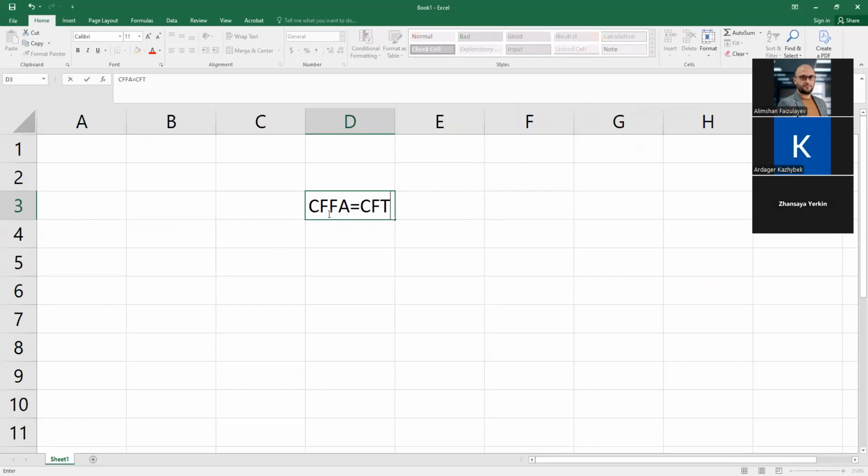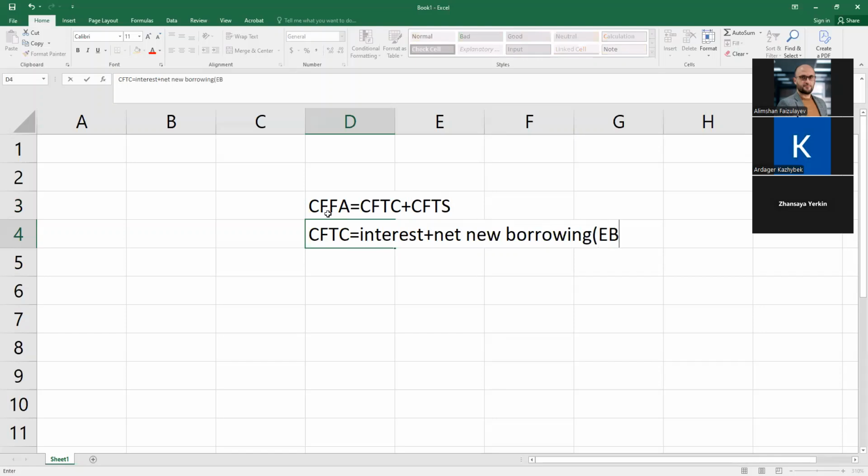So cash flow to creditors plus cash flow to shareholders. And cash flow to creditors will go as interest, and if there's some net new borrowing, we said ending borrowing minus beginning borrowing.